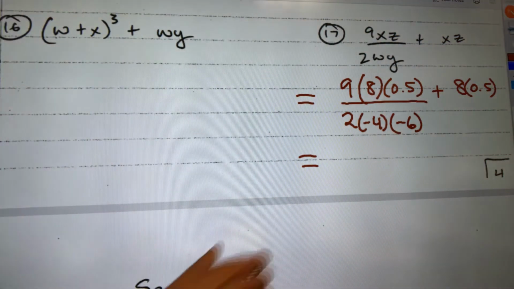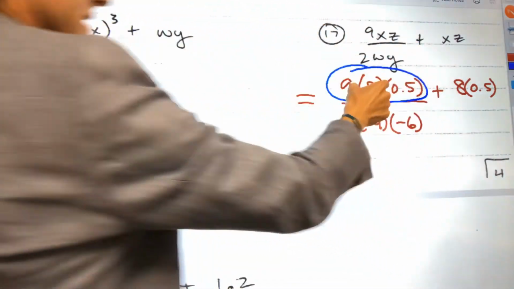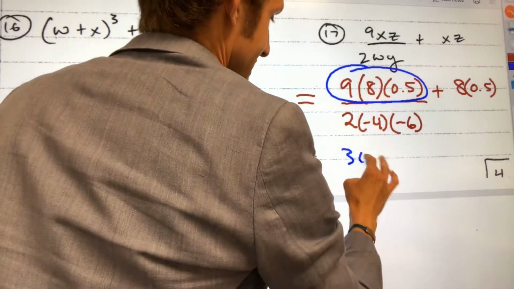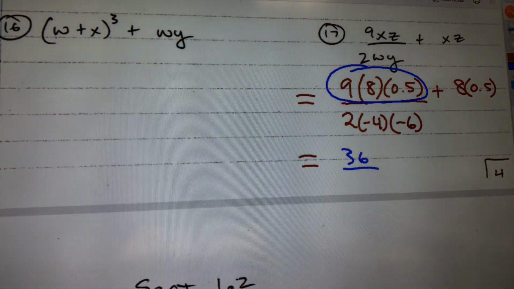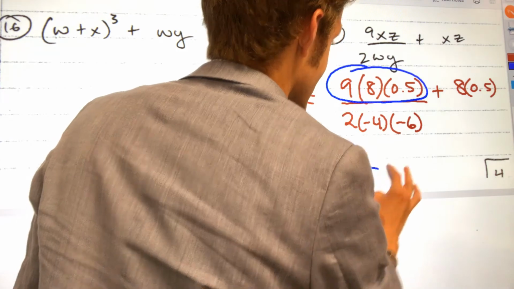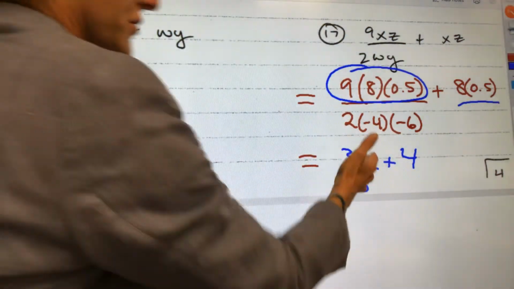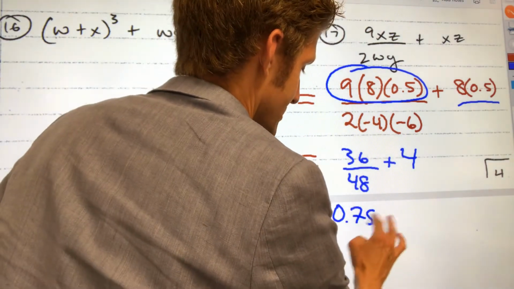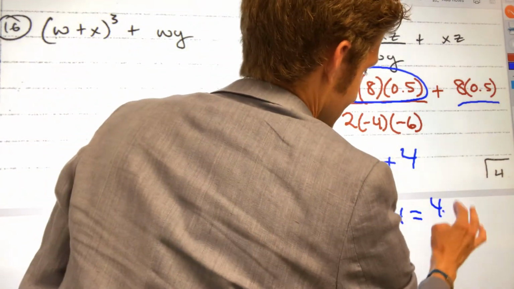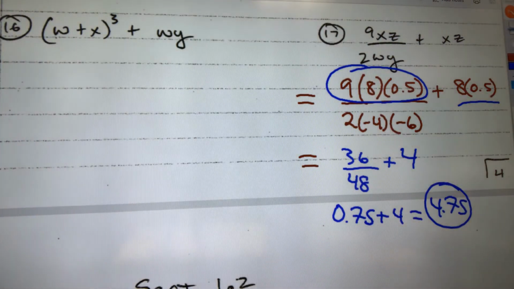So handle this numerator first. I'm going to highlight it in blue. 72 times 1/2 is 36. Handle the denominator next. -8 times a -6 is 48, plus, off by itself, 4. This is 3/4. You can call it 0.75. Add it to 4, 4 3/4. And that concludes section 1.1.